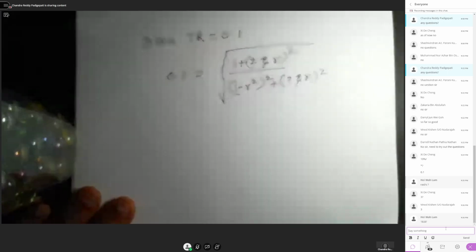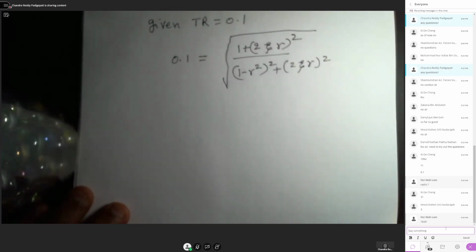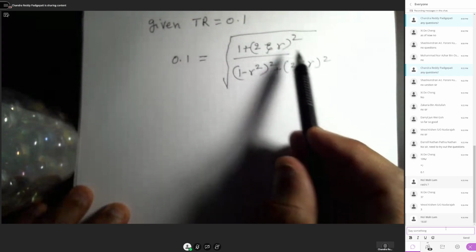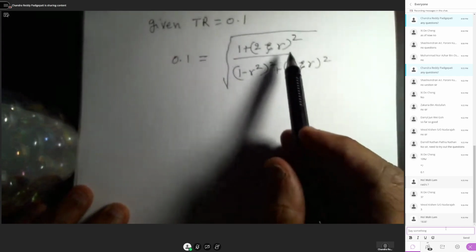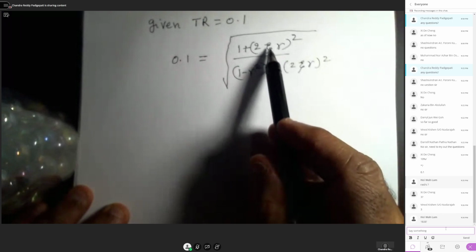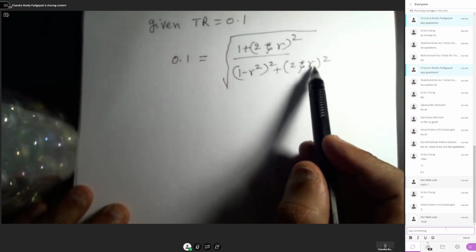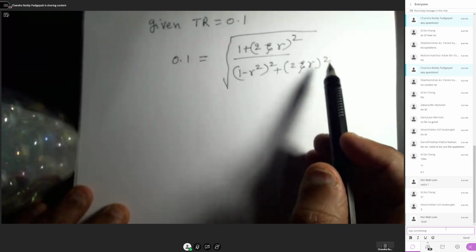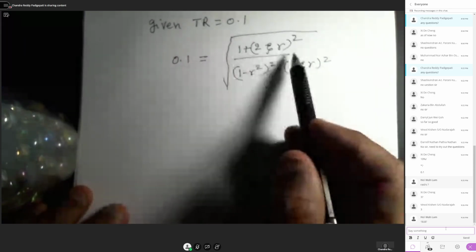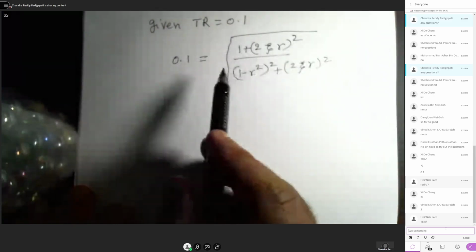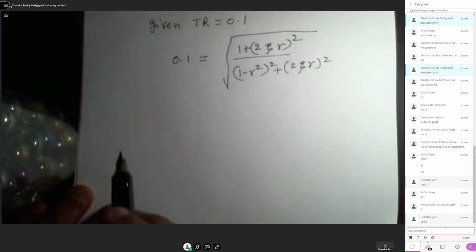Okay, so here, how many unknowns are there? There are two unknowns. We don't know the damping ratio, and also we don't know r, the ratio of frequencies. So this equation cannot be solved, but it can be solved based on some assumptions.